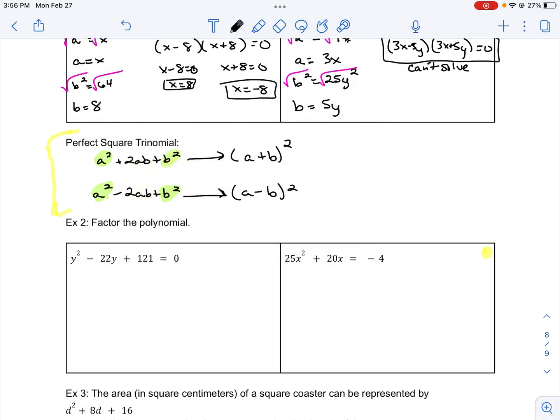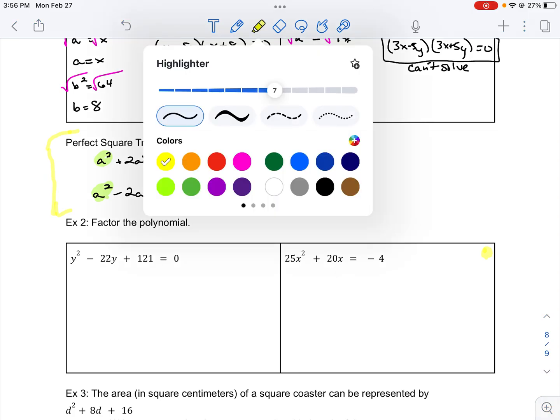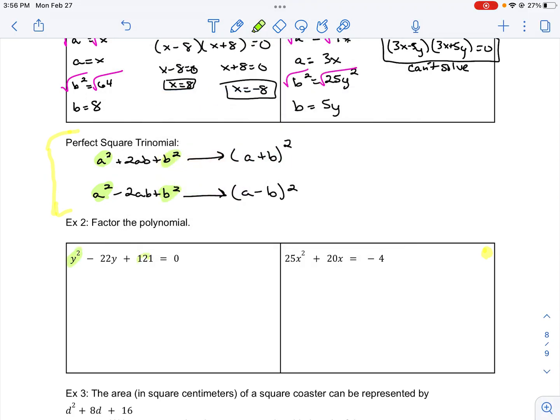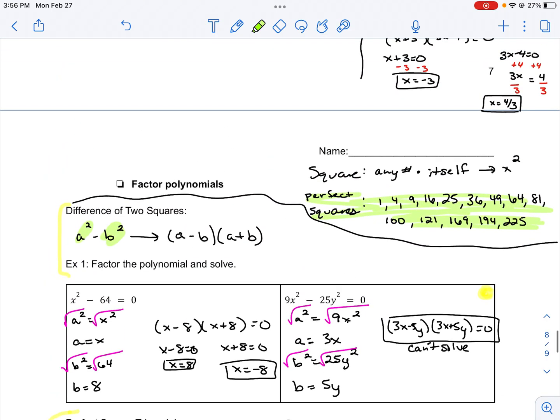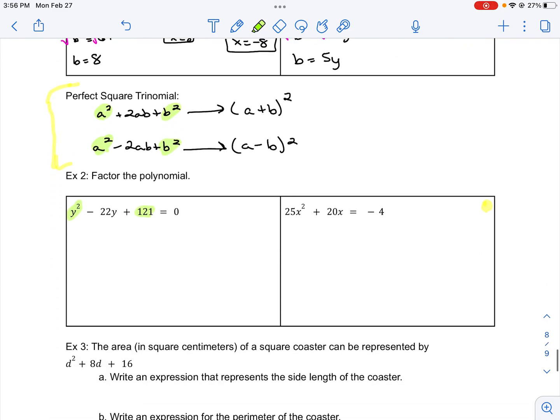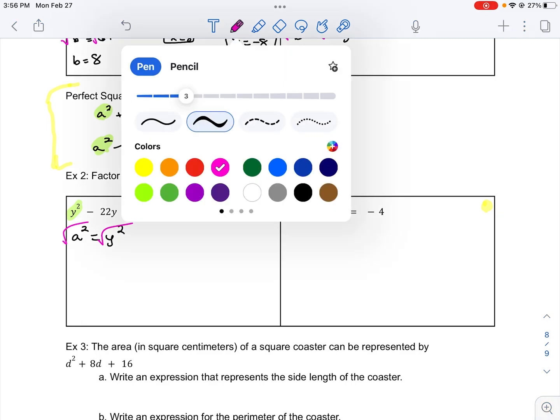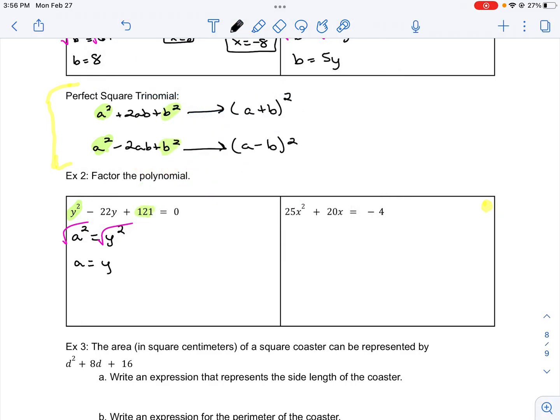So looking at this one, I have a perfect square at the beginning and the end, because I'm going back to that perfect squares list. And that's how we get our a and our b, right? So a squared is the same as y squared. We square root both sides. A is y.